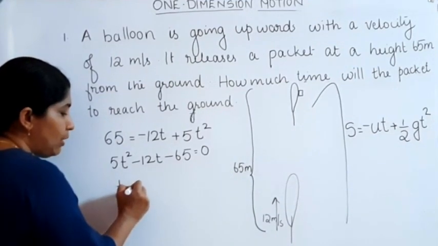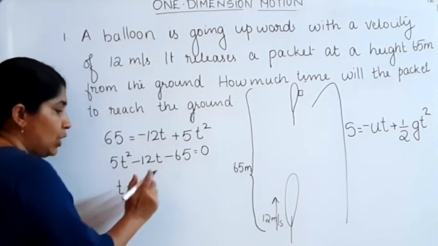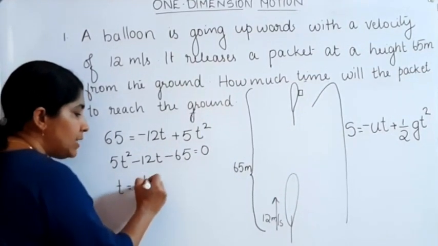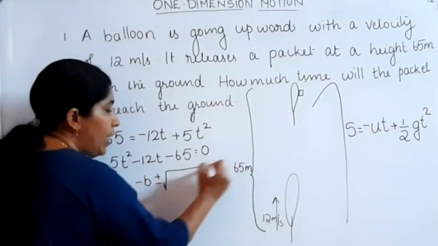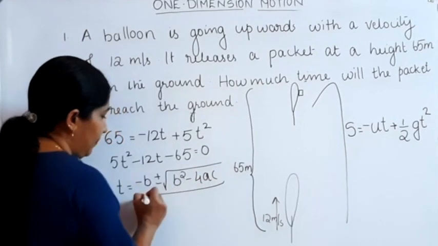Then time t is equal to, on solving the second degree equation, we can use the formula minus b plus or minus root of b square minus 4ac divided by 2a.